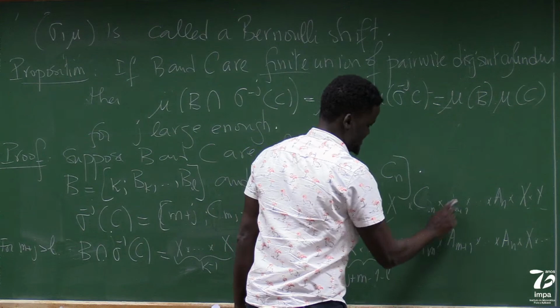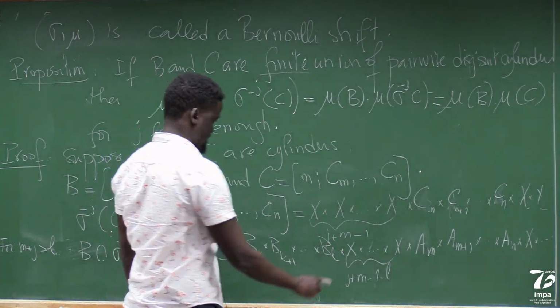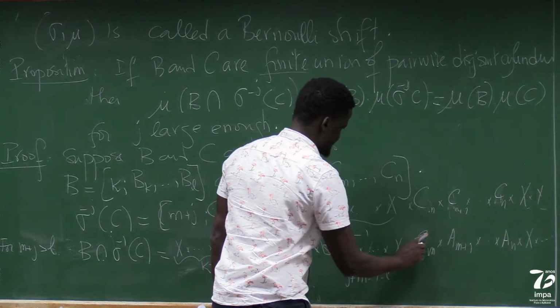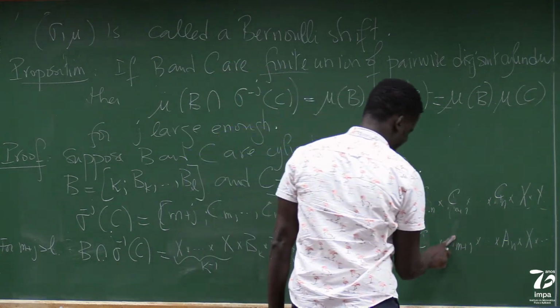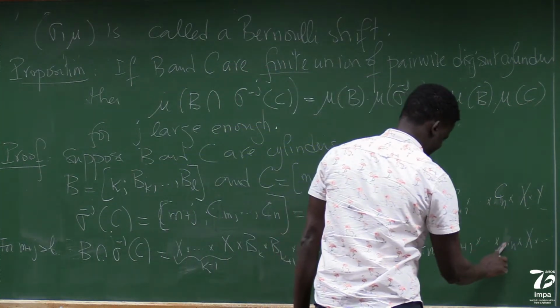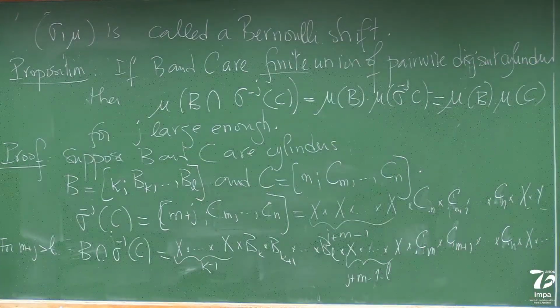This is C. I should have chosen A and B instead of B and C. All right. And since mu is finitely additive, for pairwise disjoint unions, you conclude for this proposition.